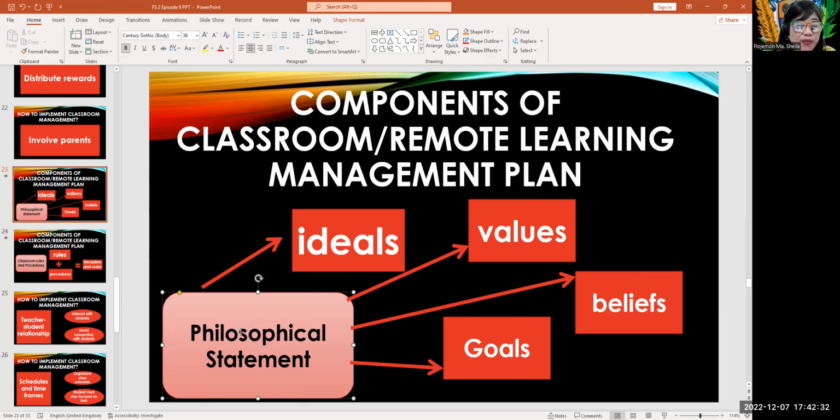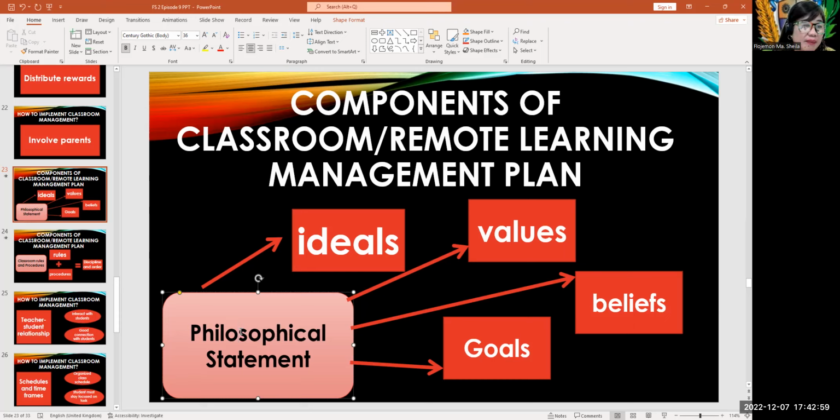Before making your learning management plan, see to it that you have set your ideals, values and beliefs and your goals for the classroom. And you have to think about what you are going to set as a criteria or standard by which you will judge the quality of your classroom.